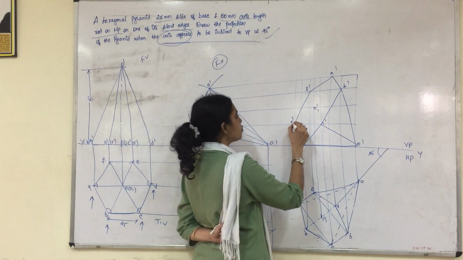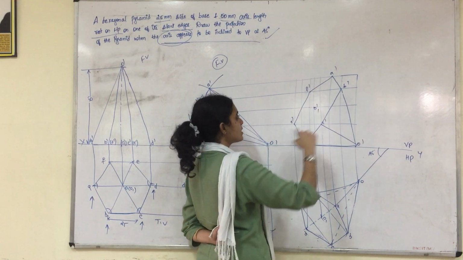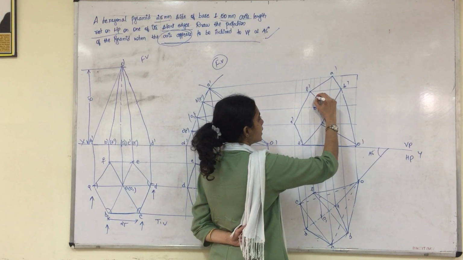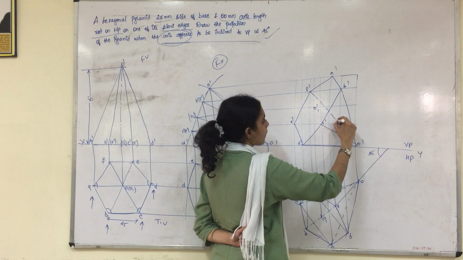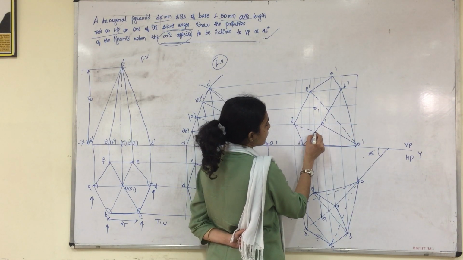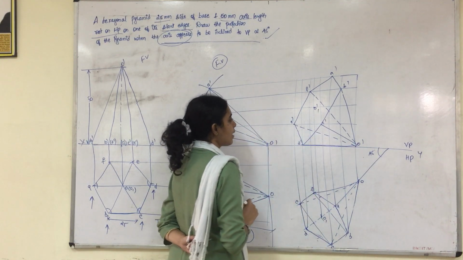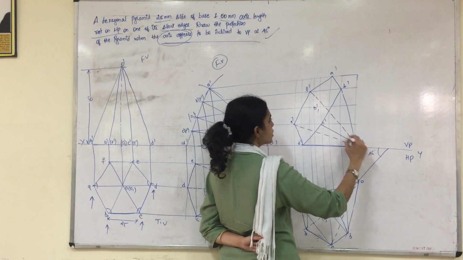Along with that, we have two more corners which has to be joined to the apex through inside the surface. And hence this will be hidden, and even this will be hidden. Apart from that, we have the axis line from O1 dash to O dash.